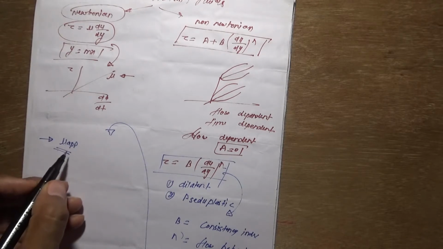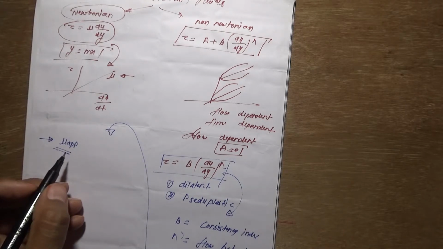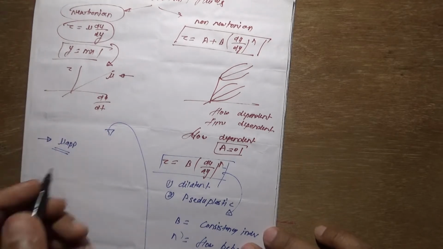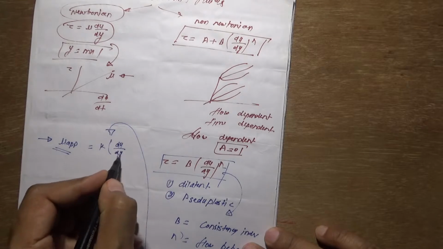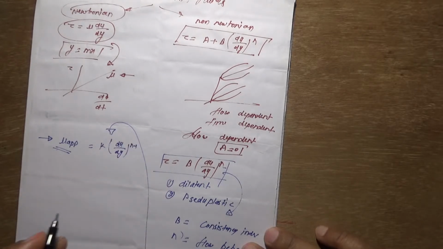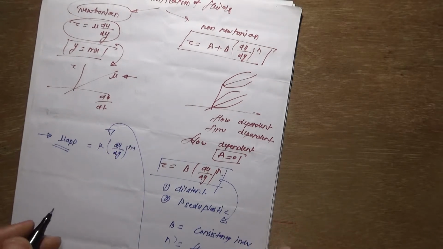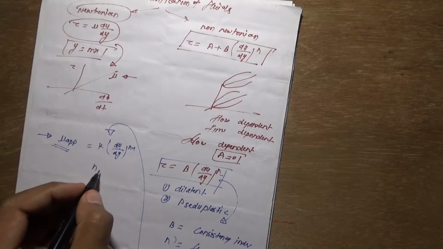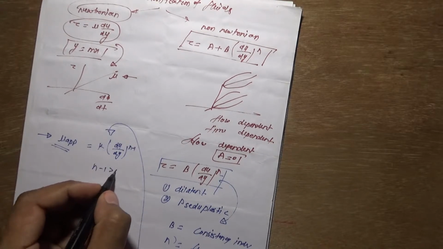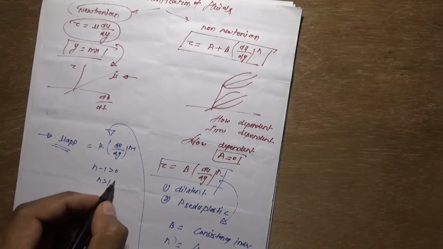According to mu apparent, we can decide the flow behavior of the fluid. So mu apparent is K du upon dy to the power n minus 1. For dilatant, n minus 1 is greater than 0. So n will be greater than 1.